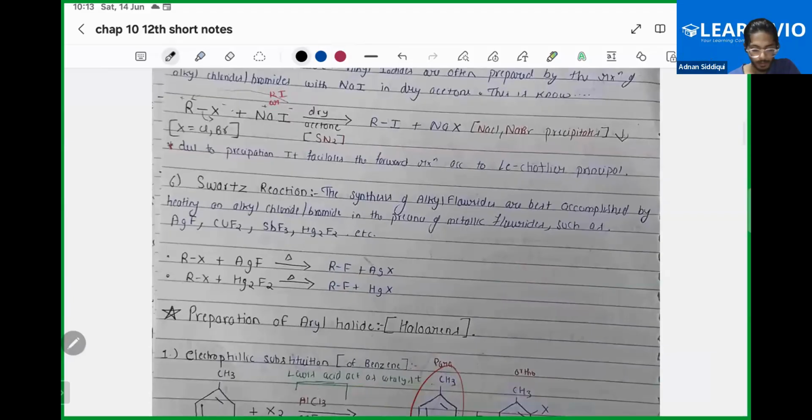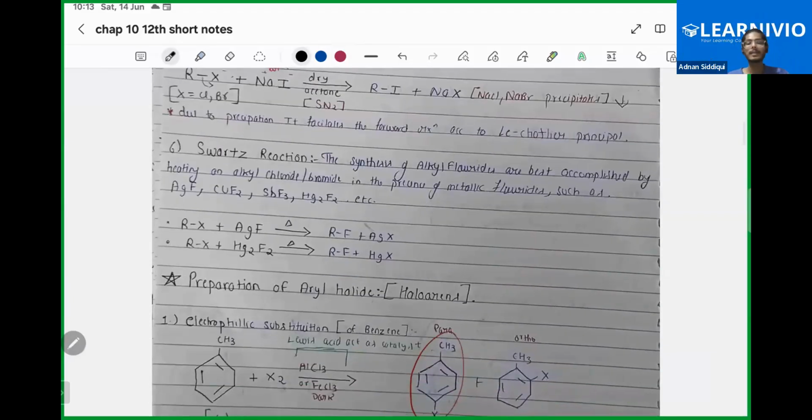Now, the last reaction of our haloalkane is the Swarts reaction. In the Finkelstein reaction, we made a specific haloalkane, alkyl iodide. In the Swarts reaction, we are going to prepare alkyl fluorides.